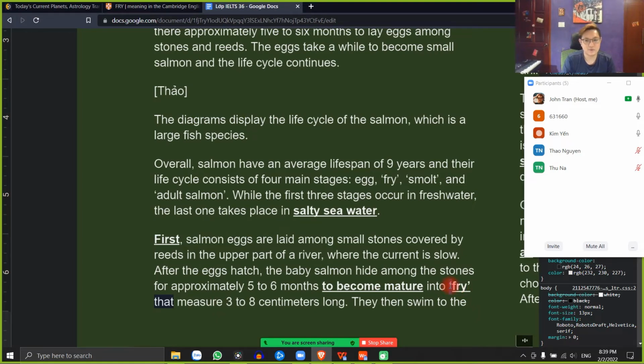Không biết là cái chữ fry này plural nó cũng là fry luôn. Giống chữ fish plural cũng là fish luôn nha. Fishes là các loại cá, còn cái chữ cá mà còn số nhiều là fish luôn nha. Like for example, the word fish, plural form is also fish. But if you use the word fishes, it means like there are many different types of fish, you know.